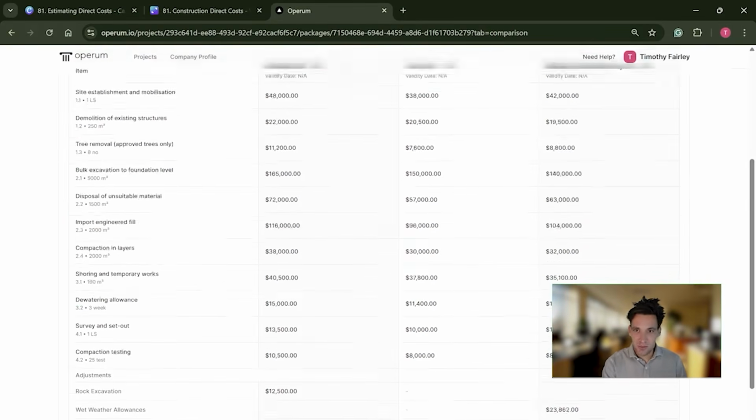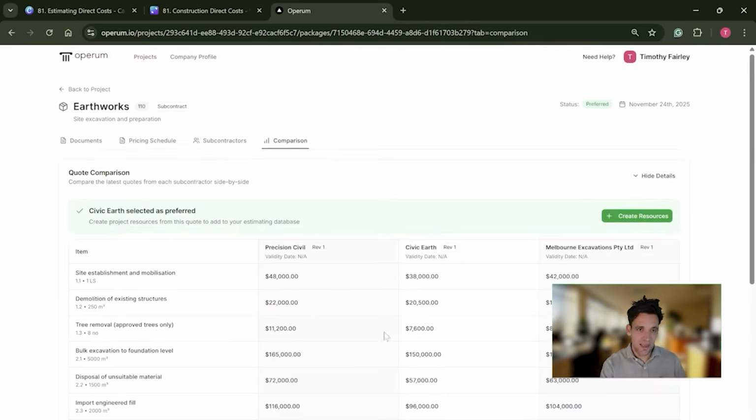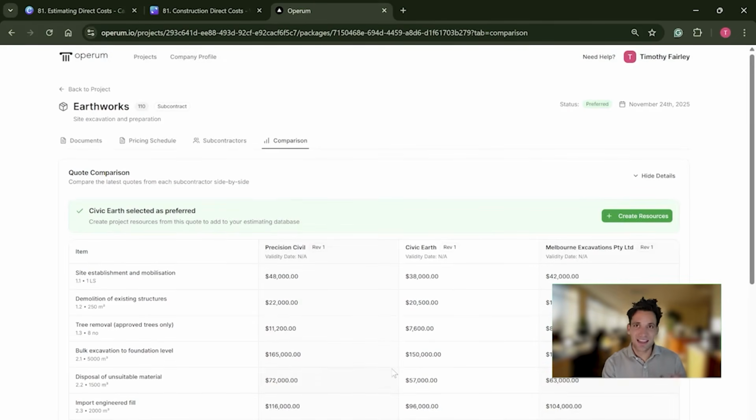This subcontractor, Melbourne Excavations, they didn't include wet weather allowance, so we put in there a provision for that. We can compare all their quotes and select the quote we want to include in our estimate. Really, subcontractor pricing is as much about paying attention to terms and conditions as it is about understanding the actual task specific.